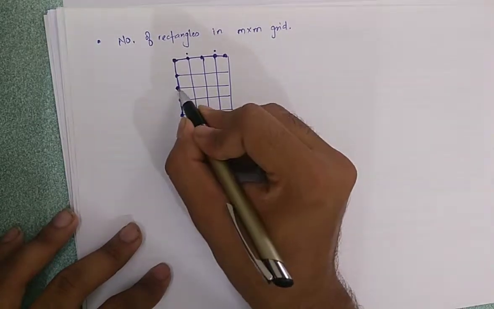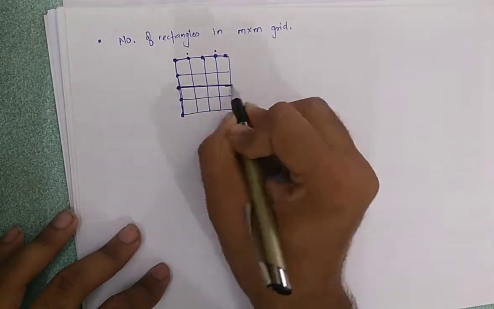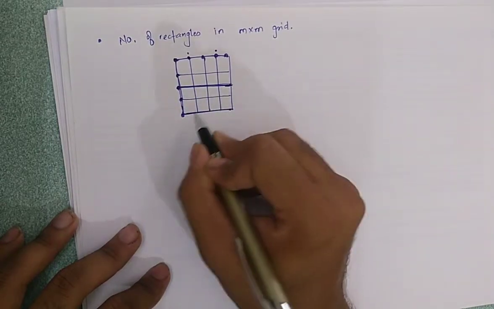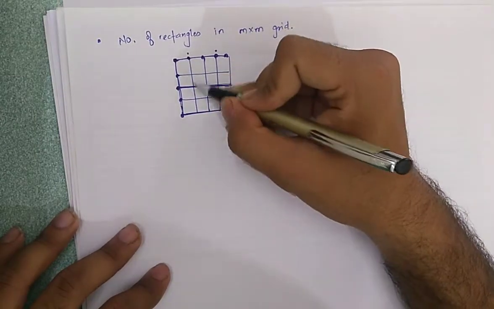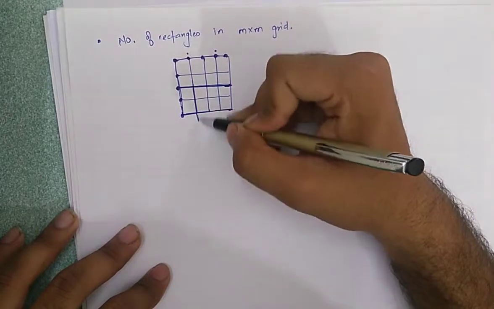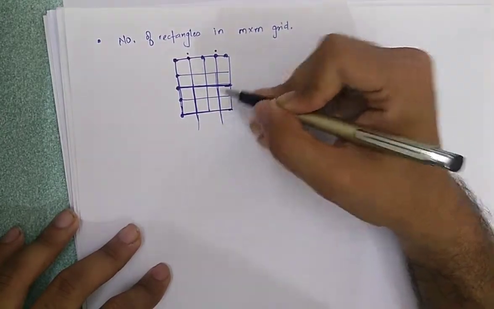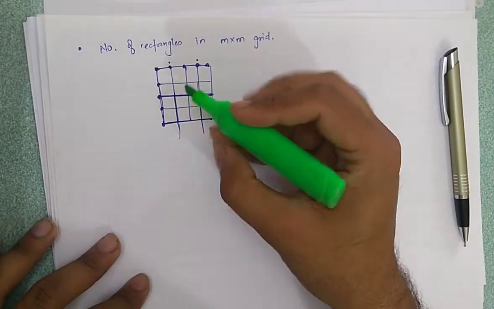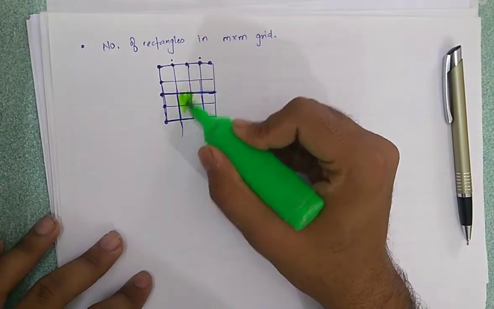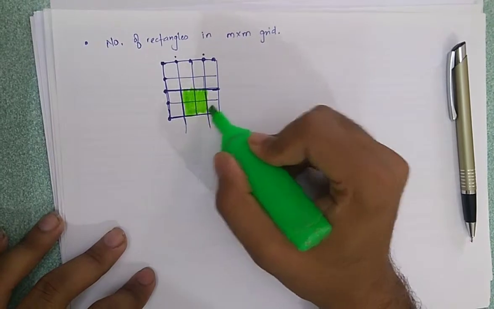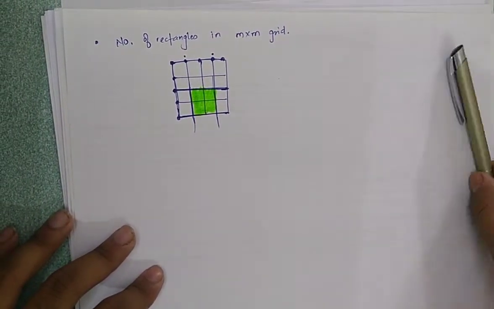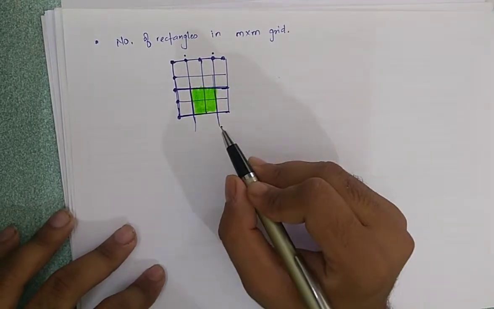So drawing a line on these points, and similarly drawing a line on this point, we come across a region where our rectangle becomes this. Here a rectangle includes all the squares as well.